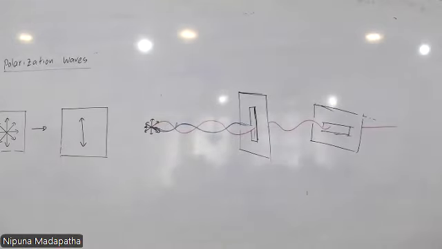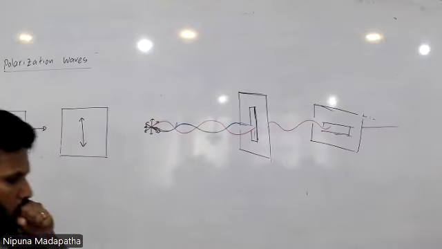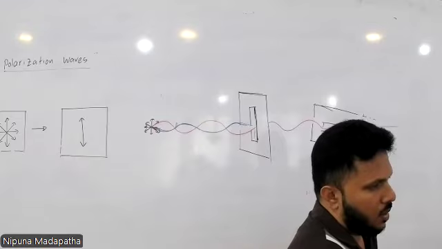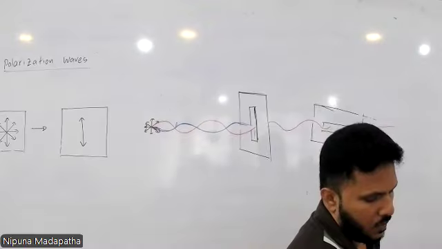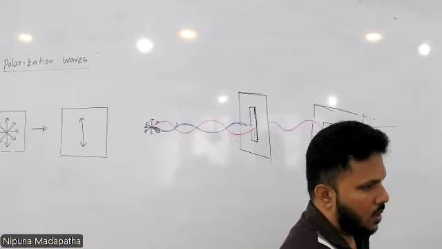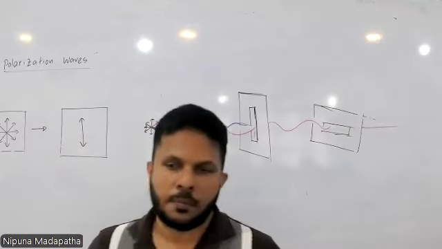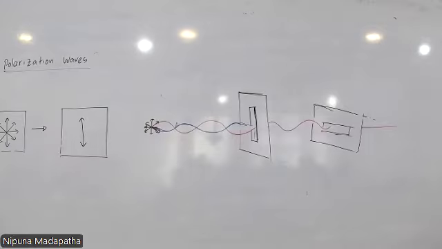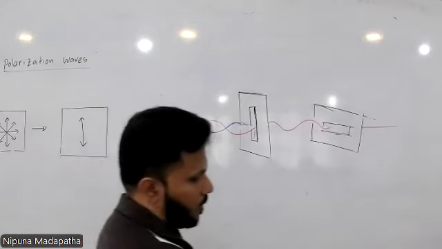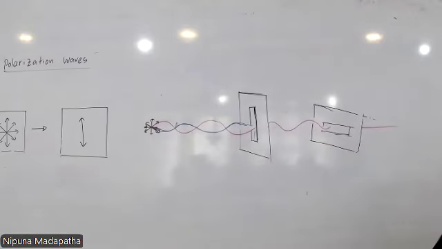It is a process in which the oscillating planes of a transverse wave are restricted to one plane, or to a single plane, perpendicular to the direction of wave propagation.